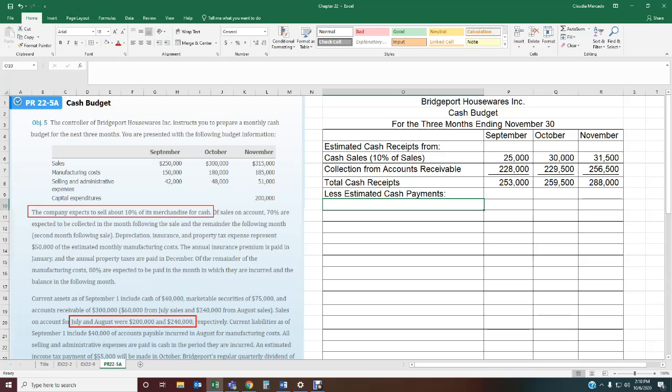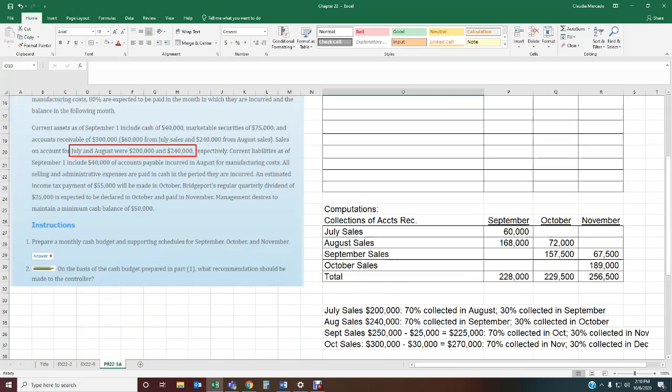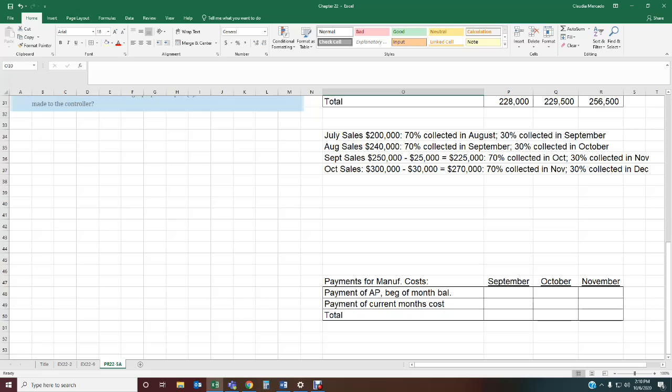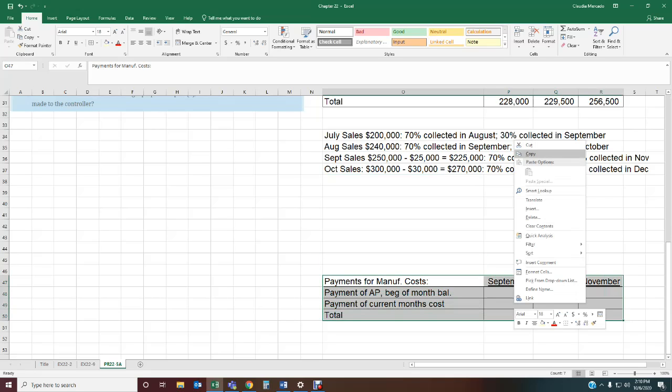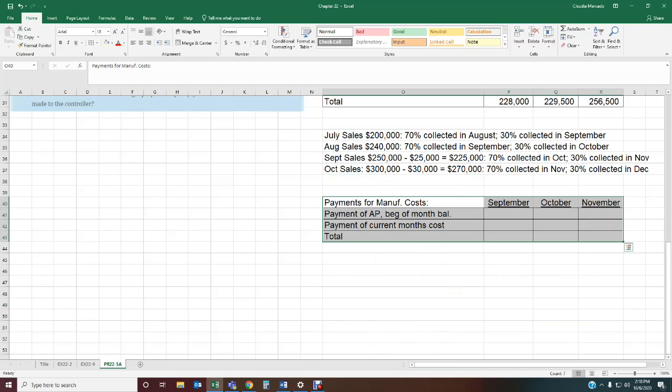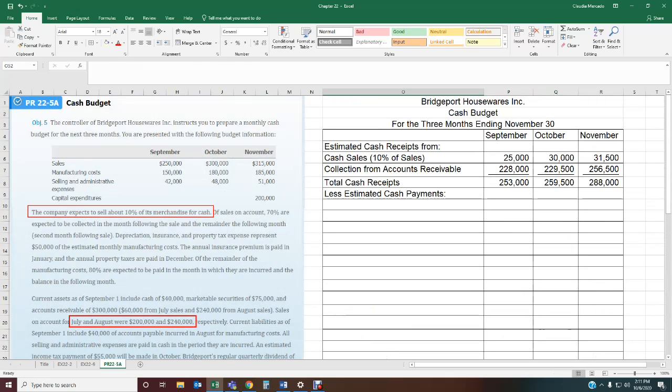Our manufacturing cost is a little bit complex as well. Just like we have a schedule for our collection from accounts receivable down here, we're also going to have a manufacturing schedule to come up with our numbers. But before we go into that, let's read what it says about manufacturing cost.